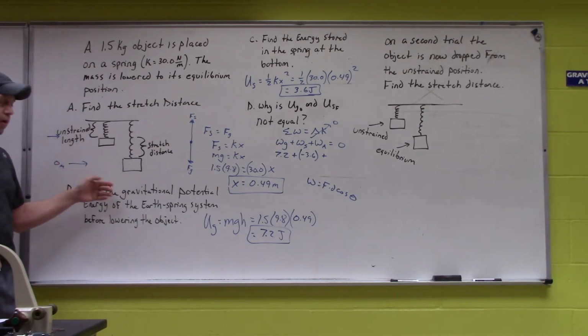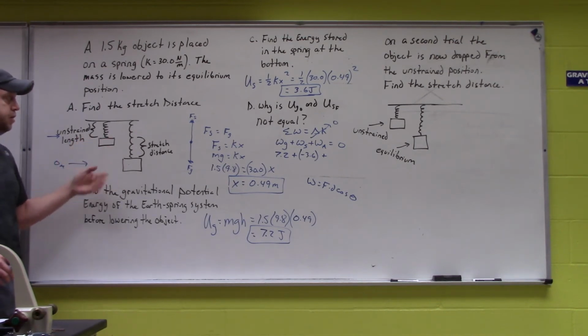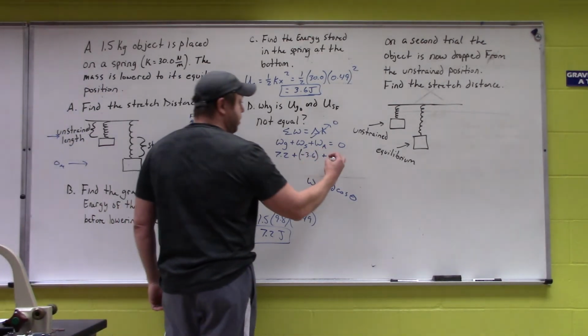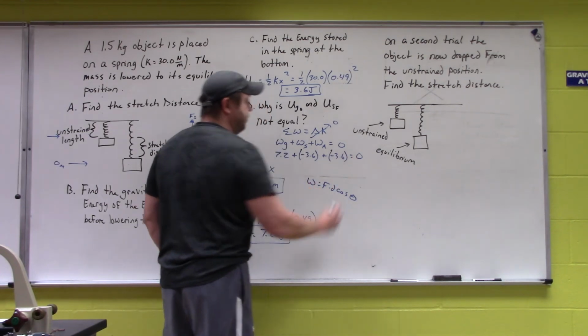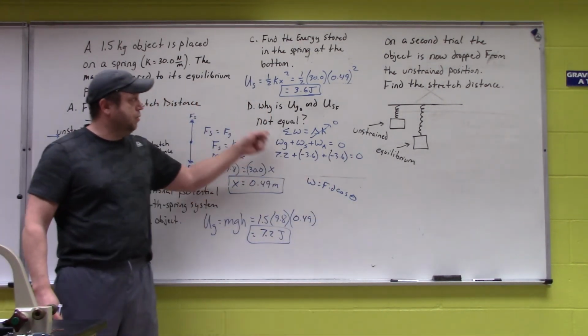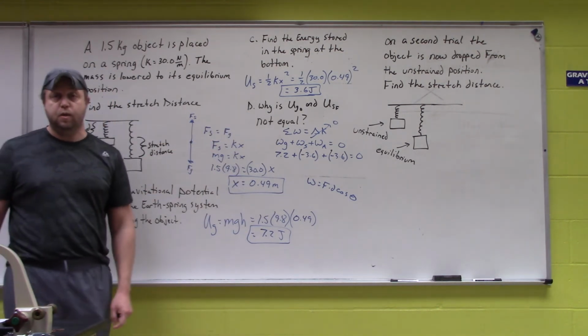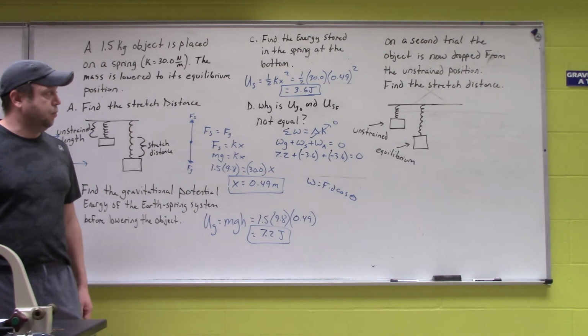At the bottom, the applied force will end up being 0, but we still have to apply a force up to get it down to this initial position. So the only way to make this equal to 0 is if the work done by the applied force is also negative 3.6. That is the reason why these two are not equal: we're not taking into account the work done by the applied force in this.